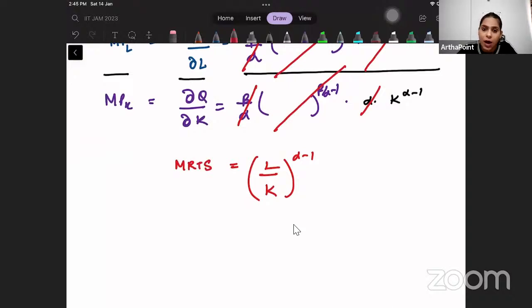Now, in MRTS, whenever you want to find elasticity of substitution, you will see that MRTS will be a function of K by L. What are these functions called? They are called homothetic functions. Please make a note of that.